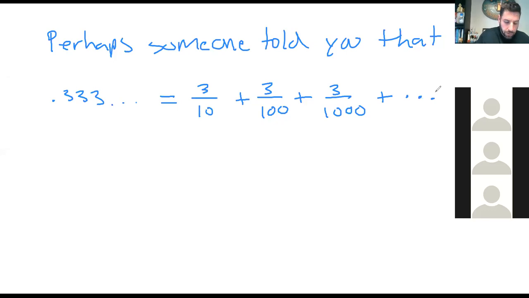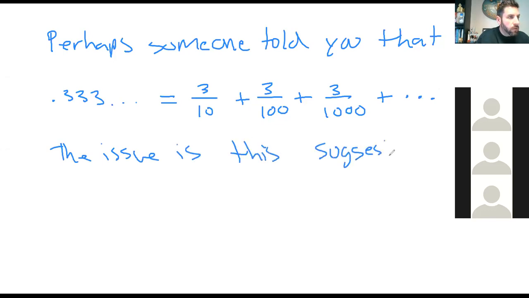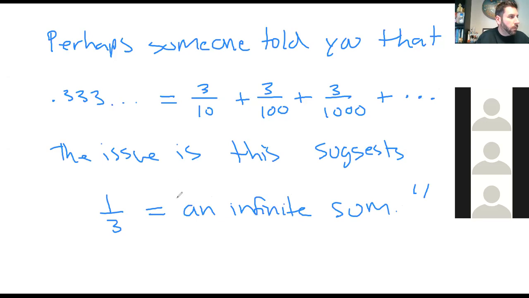So the problem with this is this suggests that 1/3 is equal to an infinite sum. So this almost seems like something that can't possibly be true. We call it a paradox. Well, how can something that's finite also be expressed as something that's not finite?